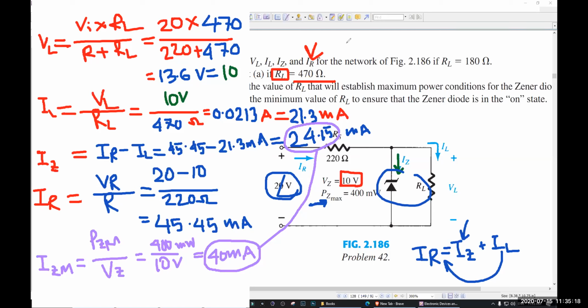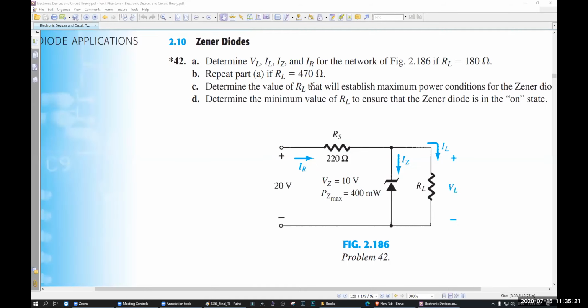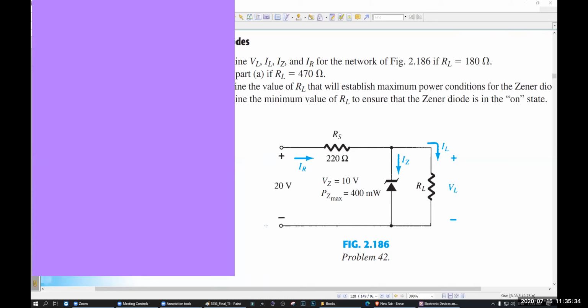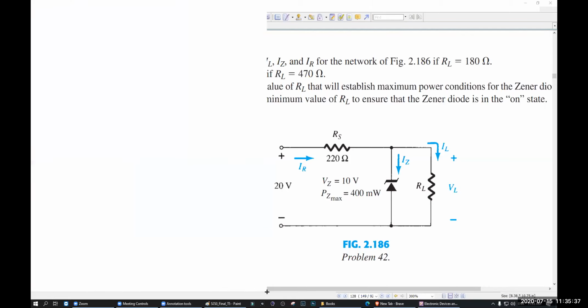Now next one. They said determine the value of RL that will establish the maximum power condition of the Zener diode. That means your IZ should be maximum.